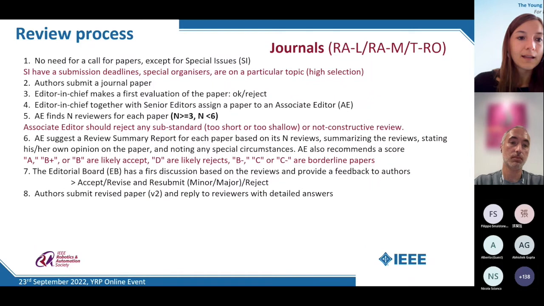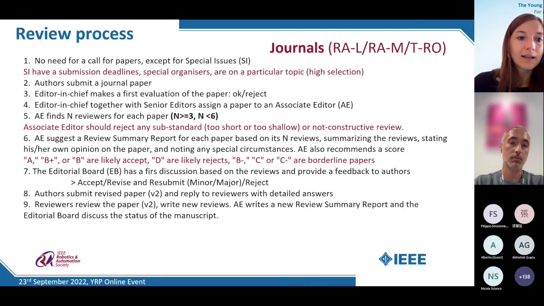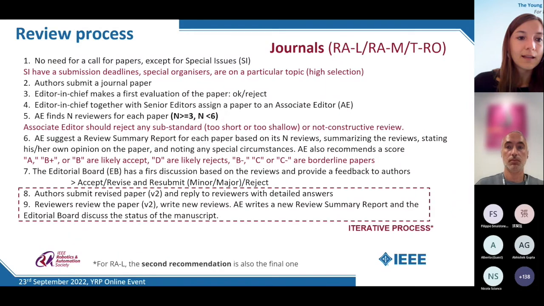Anyway, after this discussion, the authors can submit a revised version of the paper and reply to the comments of the reviewers with detailed answers. Then the reviewers will review the second version of the paper again, write new reviews, and a new review summary report will be written. And again, the editorial board will discuss the status of the manuscript. This process is iterative, so this question and answer between the reviewers and the authors of the paper can actually be done several times.